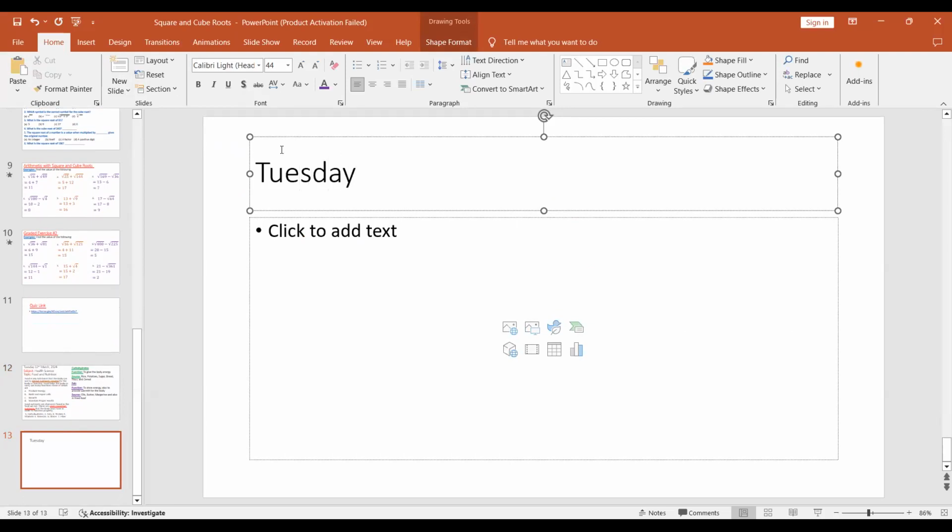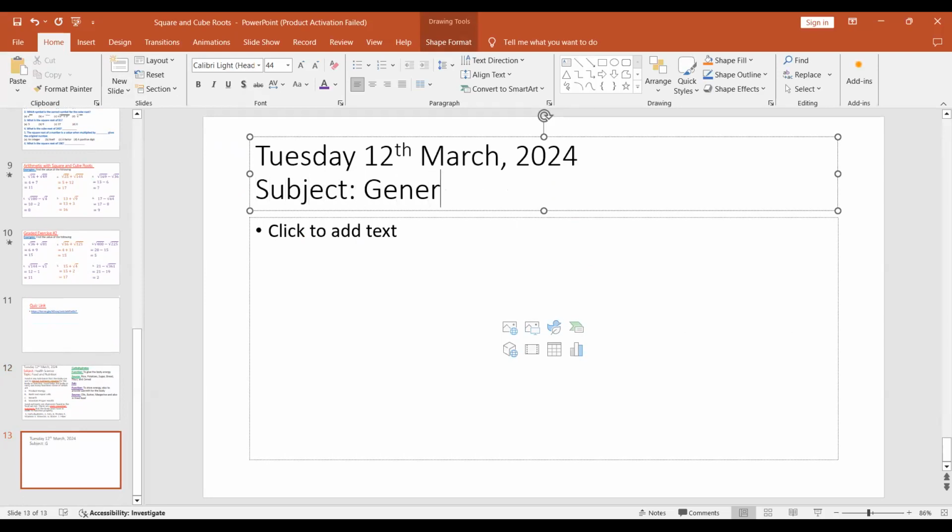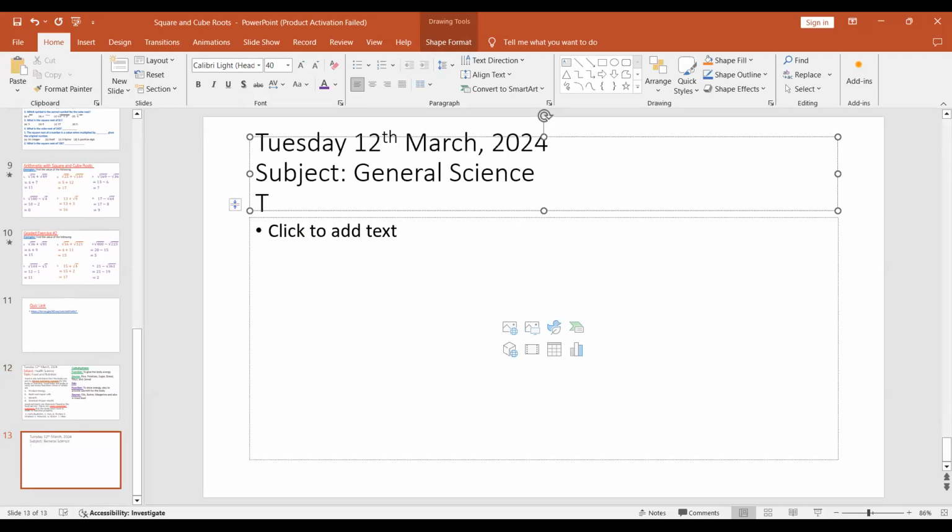So today is Tuesday, the 12th of March, 2024. The subject is, of course, general science. Last time we were looking at the different types of solutions. And we said that if a solution is an aqueous solution, that means the solvent is water, like the base is water.